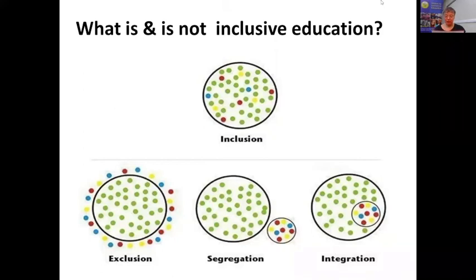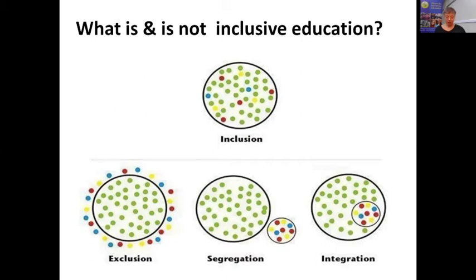Next image represents segregation, which consists of 2 circles. You will notice that the big circle will only consist of green dots, non-disabled pupils and students within an education setting. Here you will notice a second very small separate circle consisting of blue, red and yellow dots, representing disabled pupils and students within segregated education.